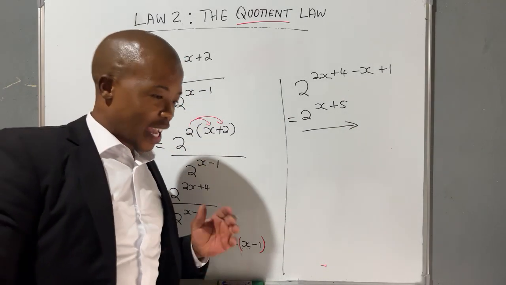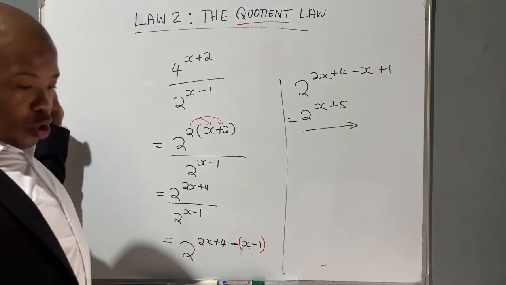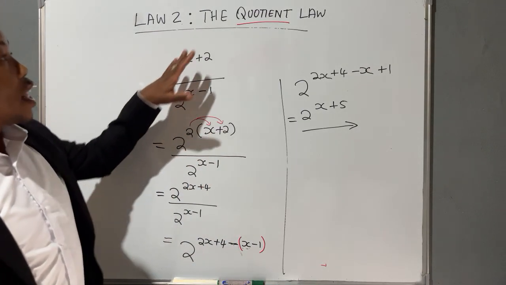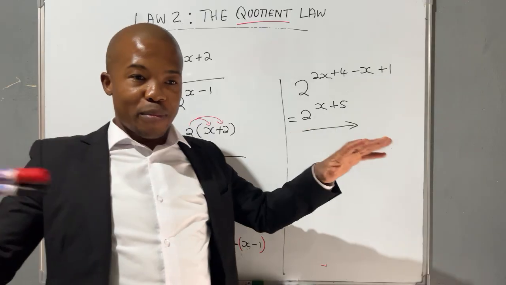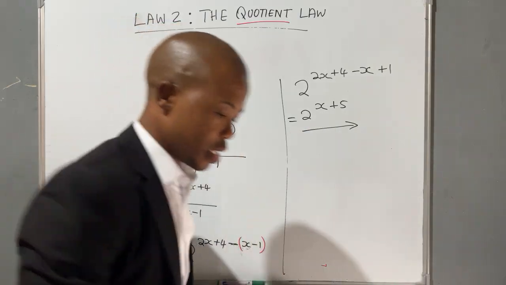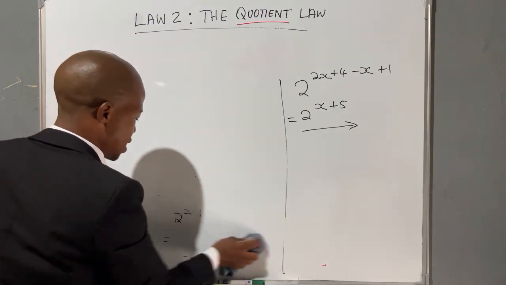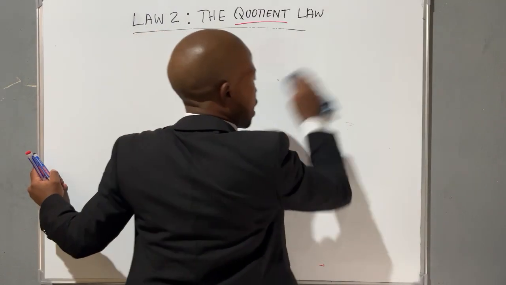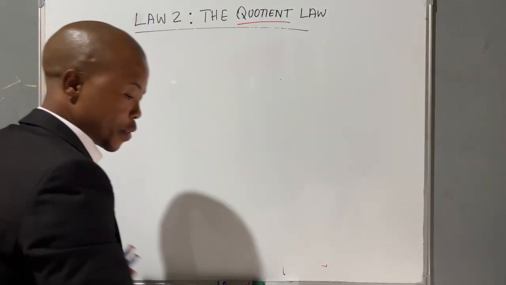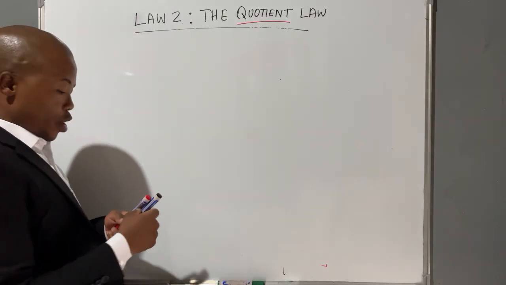In summary, the first law, which was the product law, and the quotient law are pretty much opposites, right? Let me summarize again.